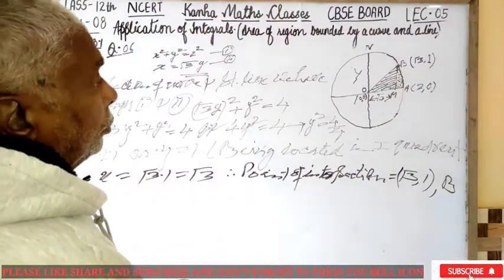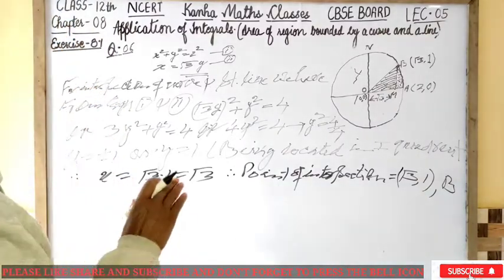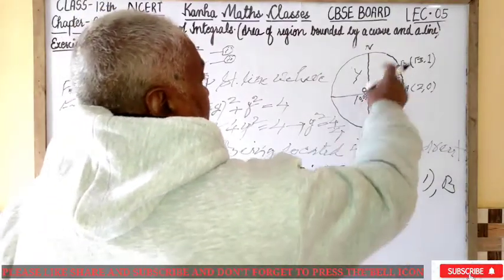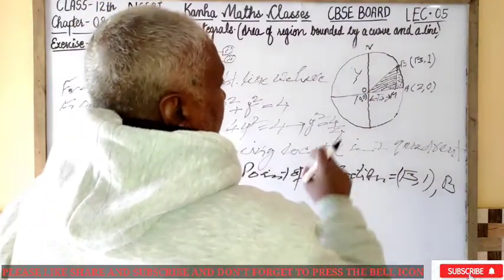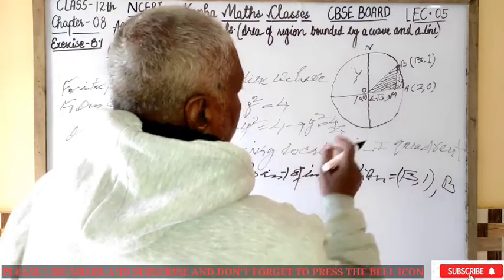We have to find out the area of the region bounded by the circle and the straight line OB in the first quadrant only.